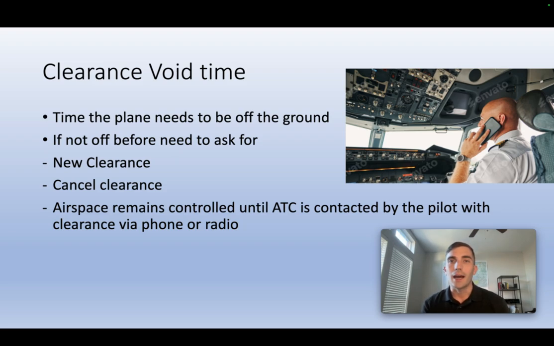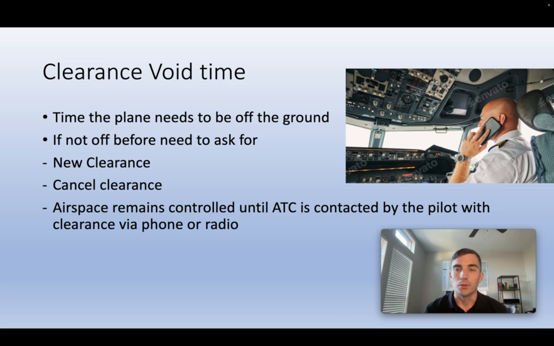Okay, so for untowered airports, the clearance void time is when you do get your clearance, they'll say it must be off by a certain time. So they're going to protect that airspace in IFR conditions. They'll protect it from any other instrument traffic going through there.